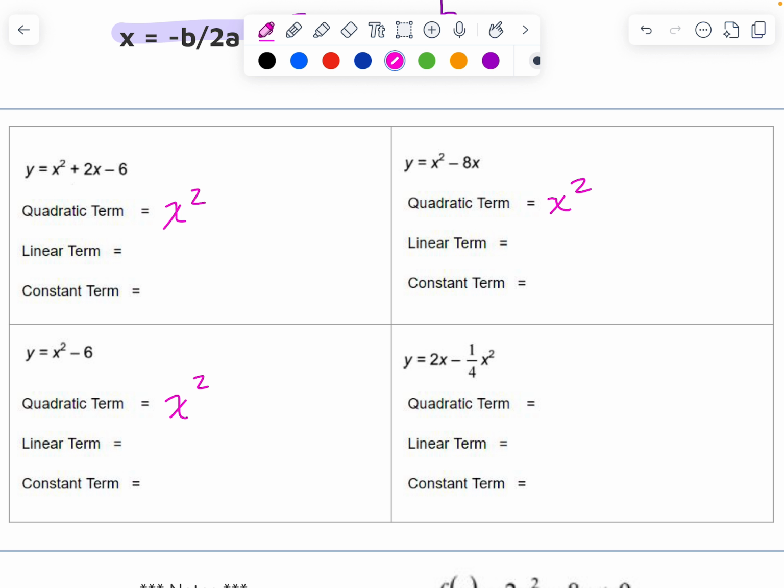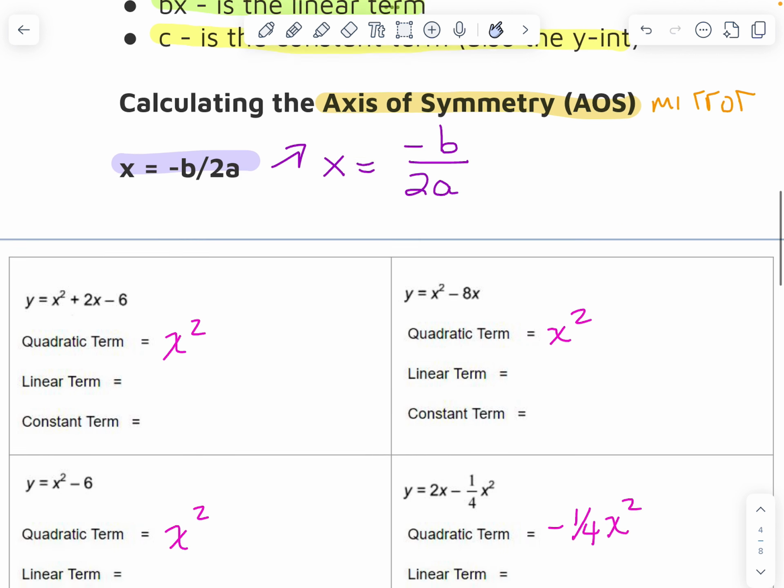It's the term with the variable exponent of 2. We'll say 1/4 x squared is our quadratic term. We like to have it in descending order with the biggest exponent on the left. Sometimes it doesn't happen. Negative 1/4 x squared is our quadratic term in this scenario.